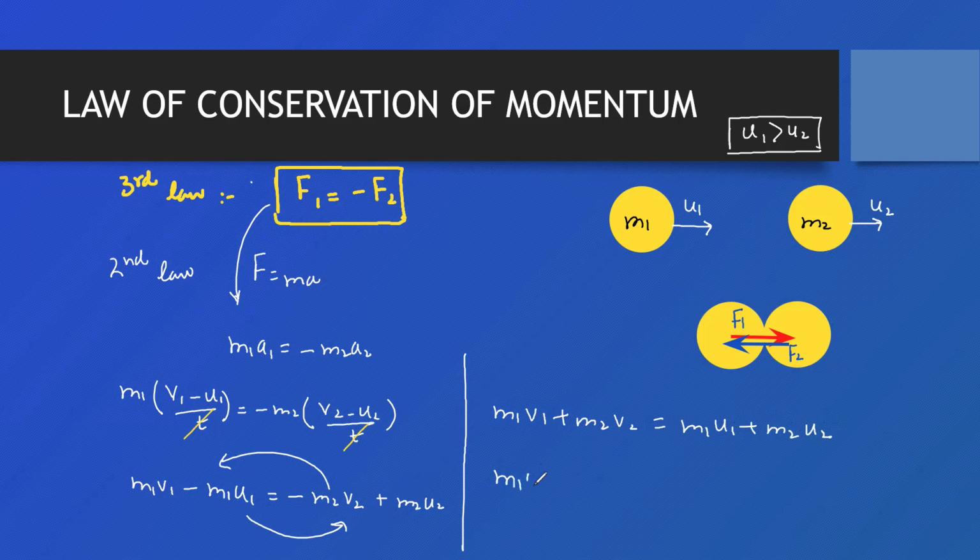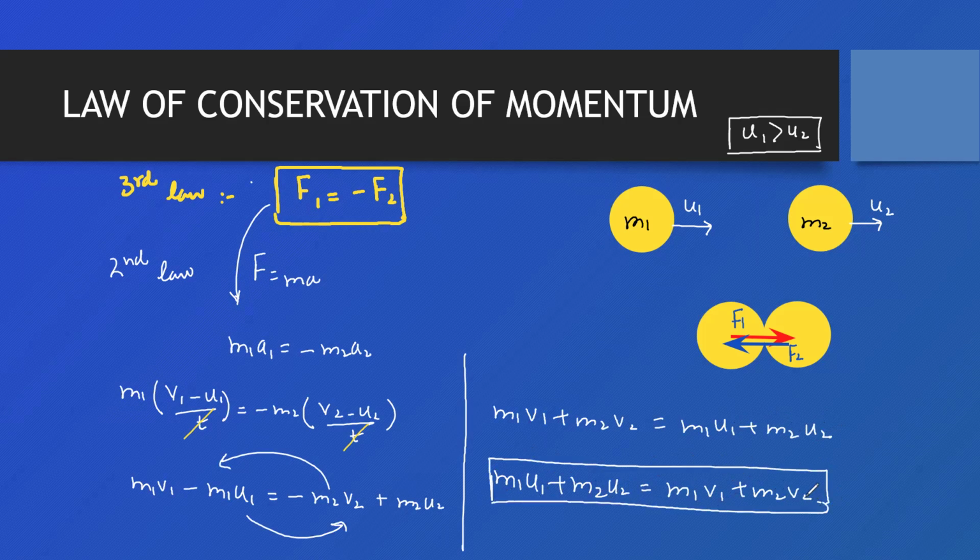Switching both sides, since u means initial velocity: m1 u1 plus m2 u2 equals m1 v1 plus m2 v2. This is the statement of the law of conservation of momentum, and this is the proof of it as well. Thank you for listening.